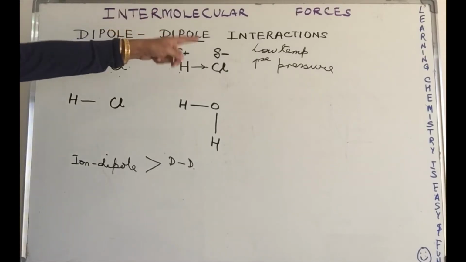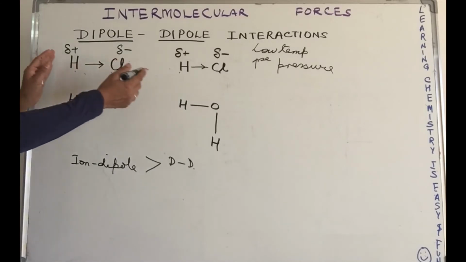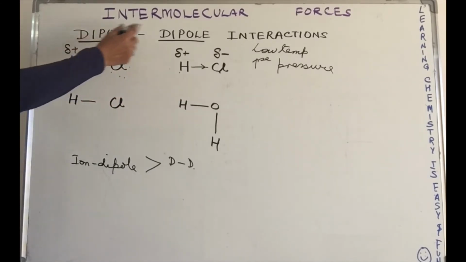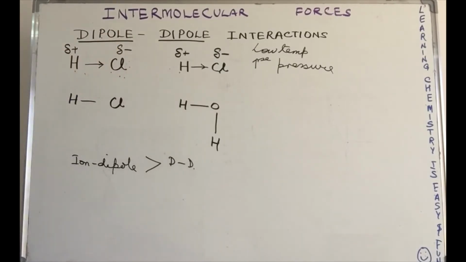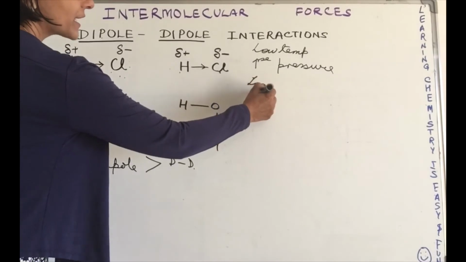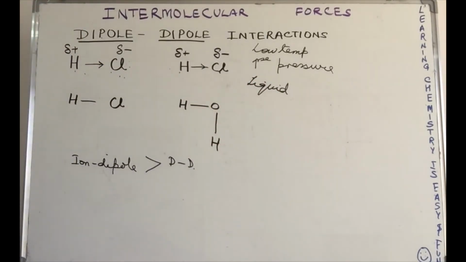By decreasing the temperature, you are reducing their kinetic energy. With the result, they will come closer to each other. Dipole-dipole interactions will come into play and the molecules of HCl can be liquefied. That means HCl will now exist as a liquid.